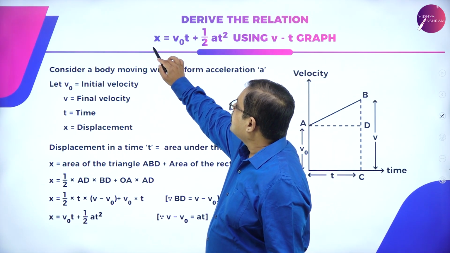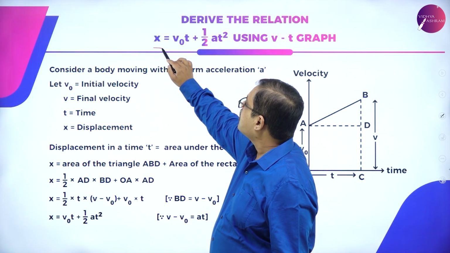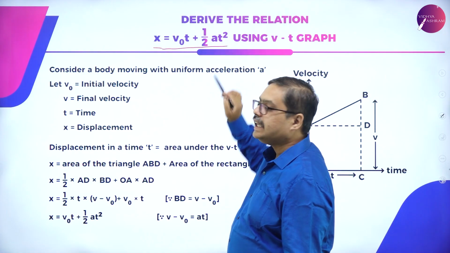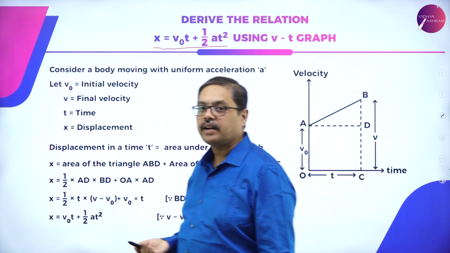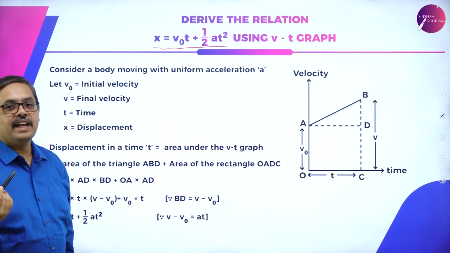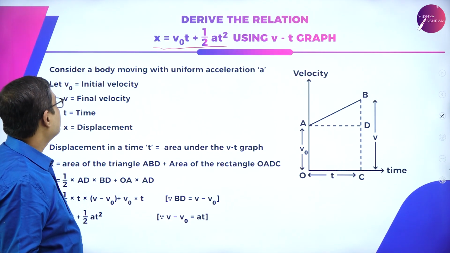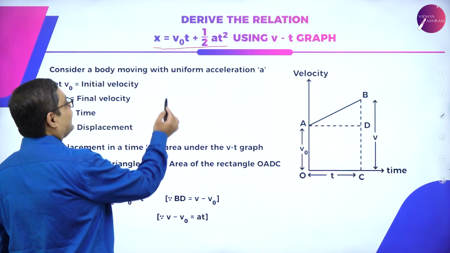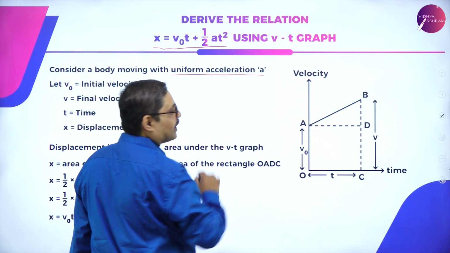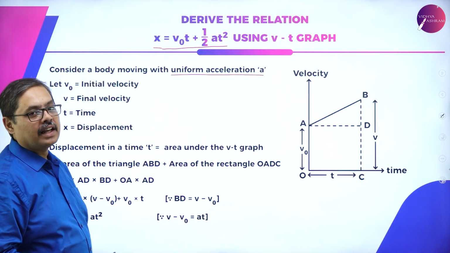The second equation is for displacement. It is given by x is equal to v naught t plus half at square. I once again plot a graph of velocity versus time for uniform acceleration a. I plot the graph and then I try to derive this relation.